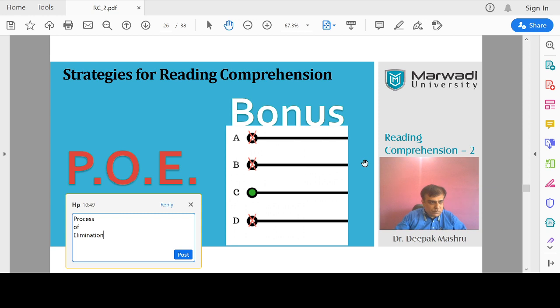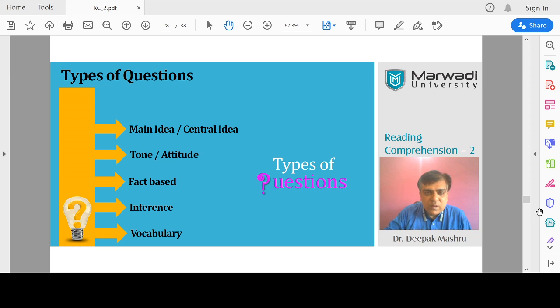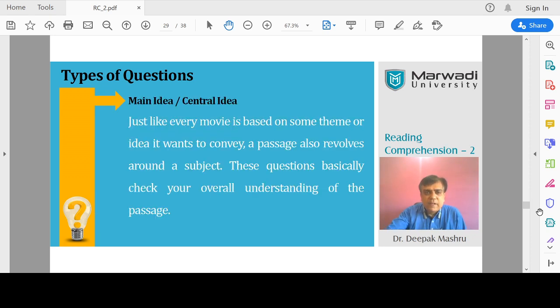Okay, now we go with the next one. Okay, types of questions, very quickly we'll go for it. Main idea questions. And what do you mean by main idea questions? They are just like in any movie, we find the theme.